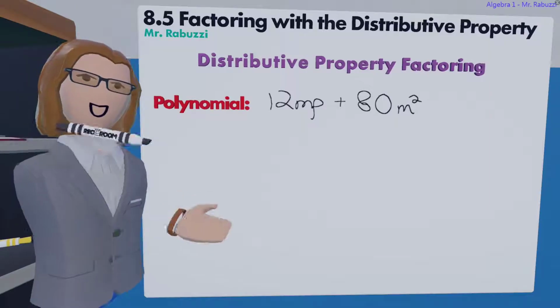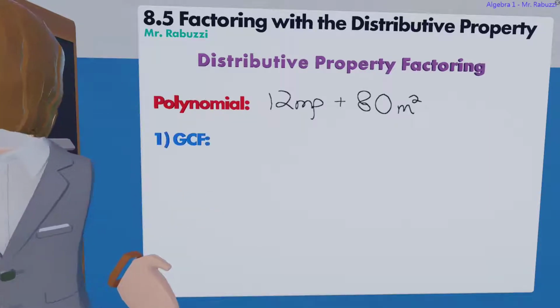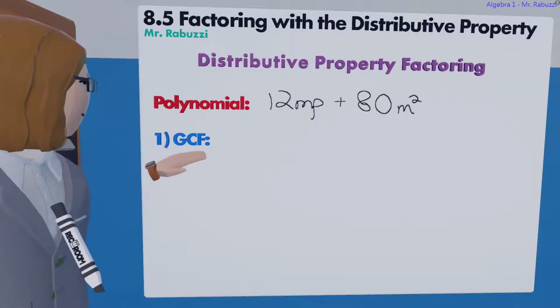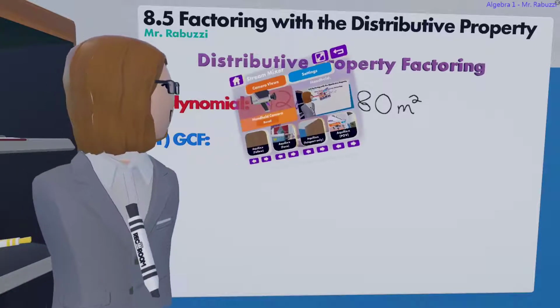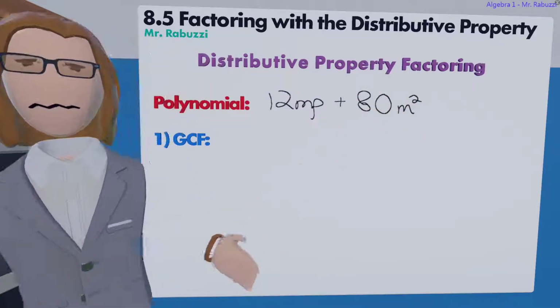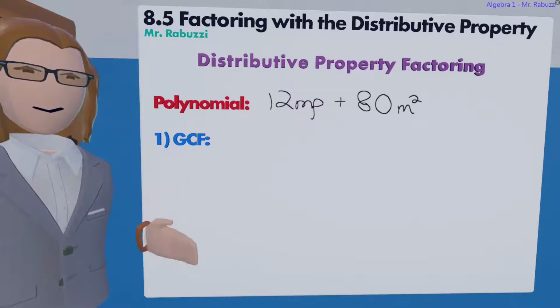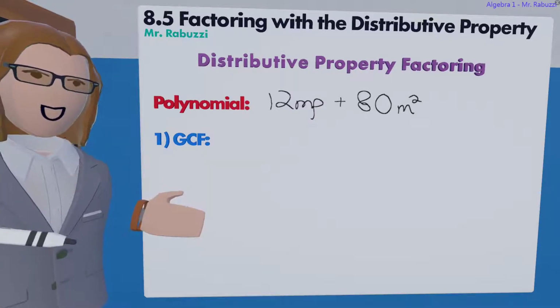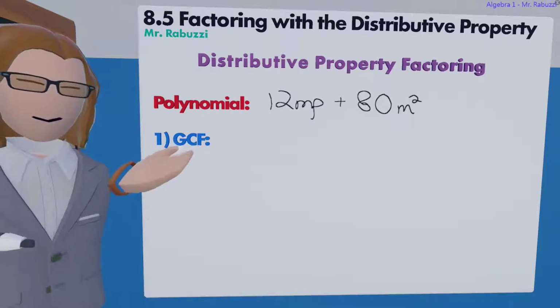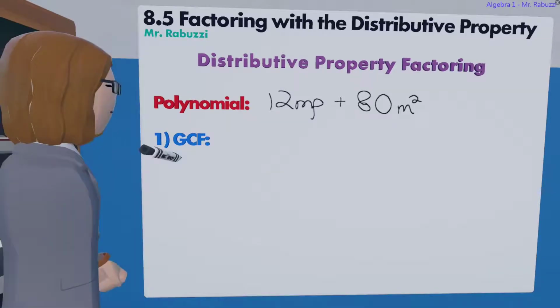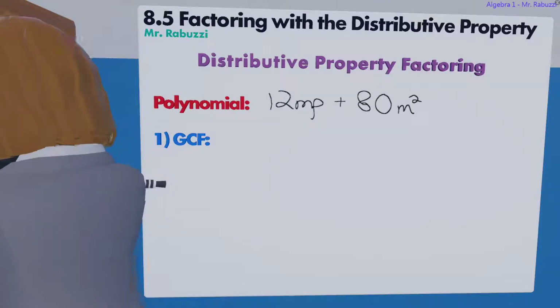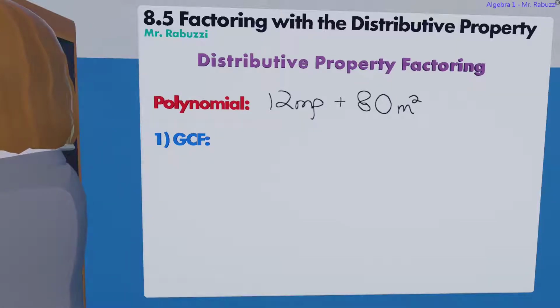We're going to do what we did in the last lesson and find the GCF, greatest common factor, between them. So we're going to factor both of them and compare to see what's similar between them, just like we did on Tuesday's lesson.